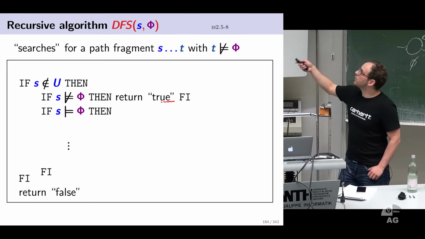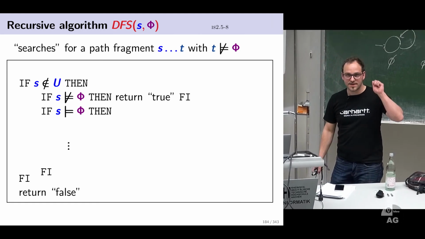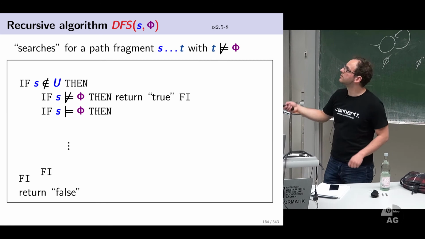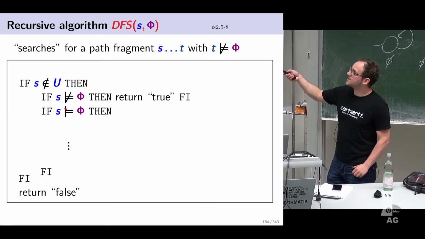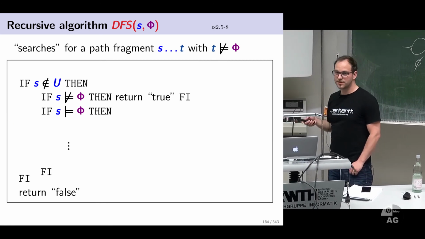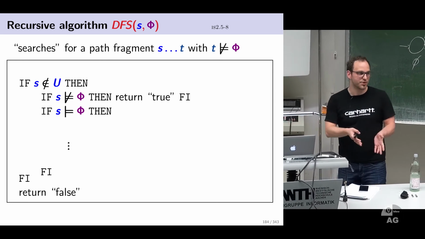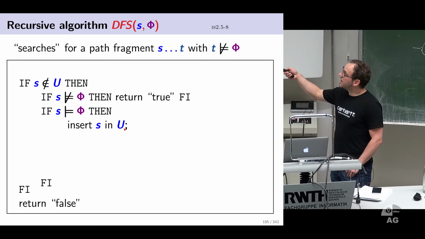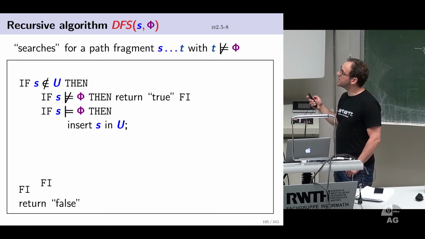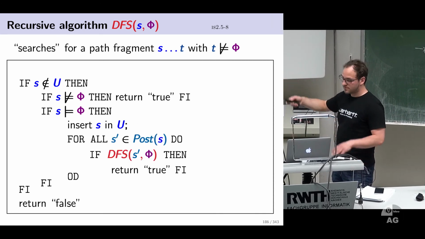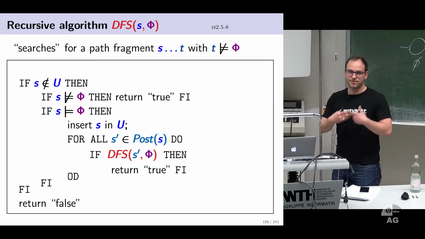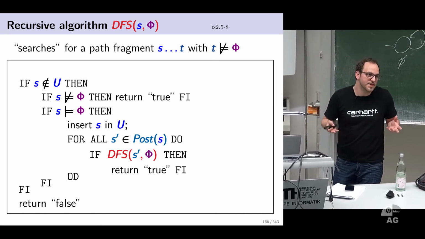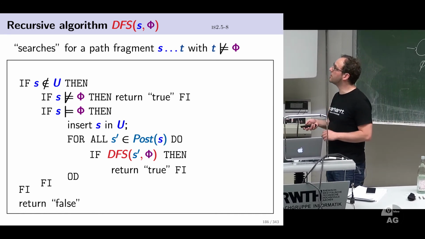If it does, then we return true to indicate, yes, we have found a counterexample. If, however, S satisfies the invariant condition, then we might need to go deeper into our transition system. And so we record S as being processed and recursively start the DFS from all successor states. Right? This is what depth first search is all about.